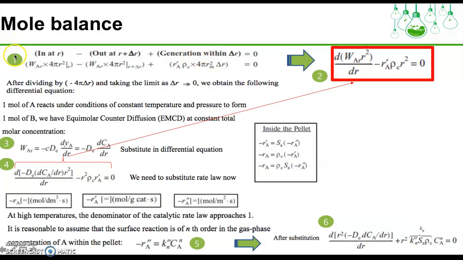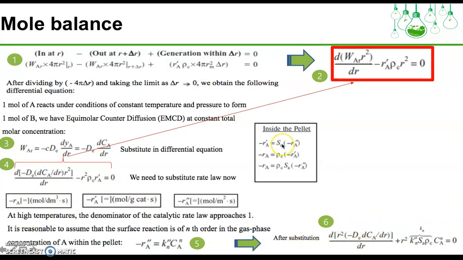Step 1 until step 6 show you how to solve the mole balance, which in the end arrives at equation 12-10 in your book. If you follow these steps from the mole balance, I hope you will do some revision on it, and you will arrive at this equation.